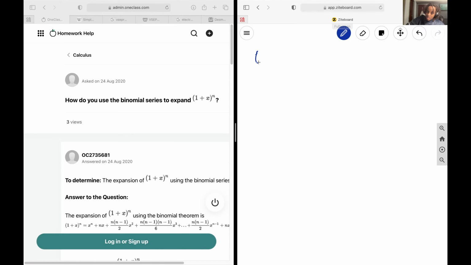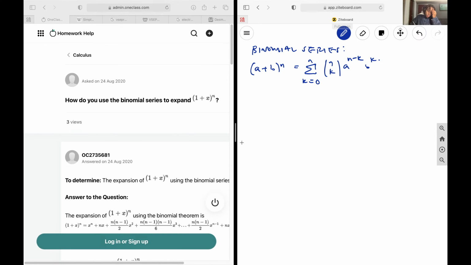First, you need to write down what the binomial series is, and it just states that a plus b to the power of n can be rewritten as the expression of the summation from k is equal to 0 to n of n choose k, a to the power of n minus k, b to the power of k.